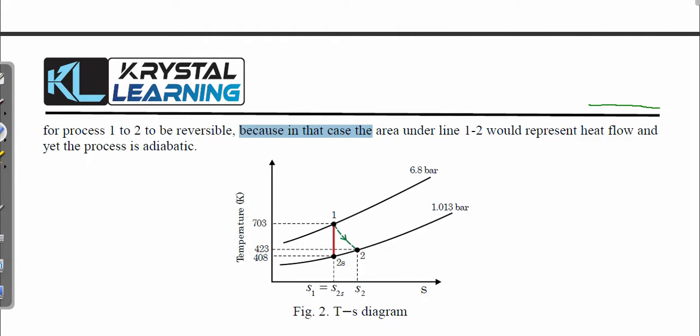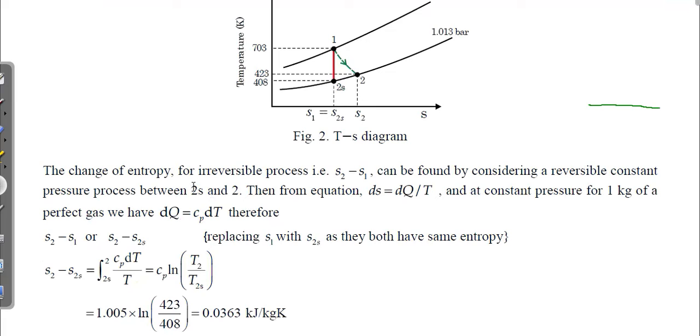Okay, so let's calculate. Now it is asking for S2 minus S1, final minus initial entropy change. We will replace S2 minus S1 with S2 minus S2s, replacing S1 with S2s, as they both have the same entropy. So now we calculate S2 minus S2s, the integration from 2s to 2 along this constant pressure path.